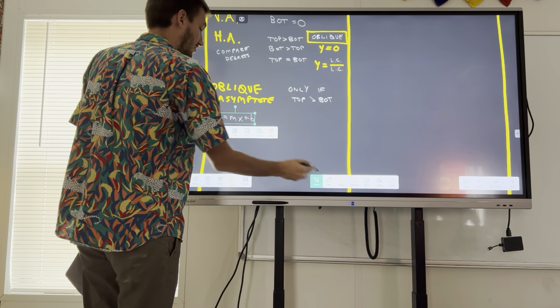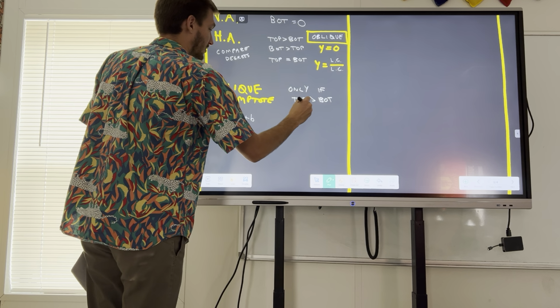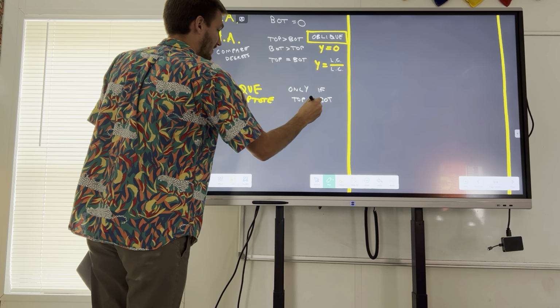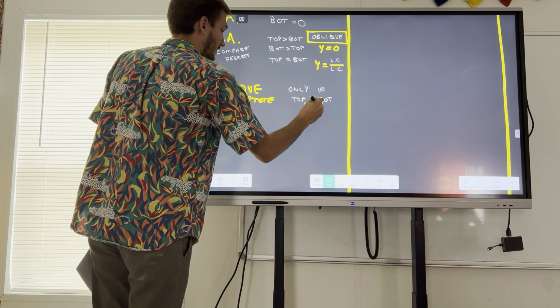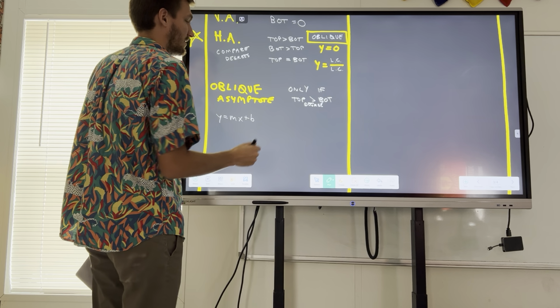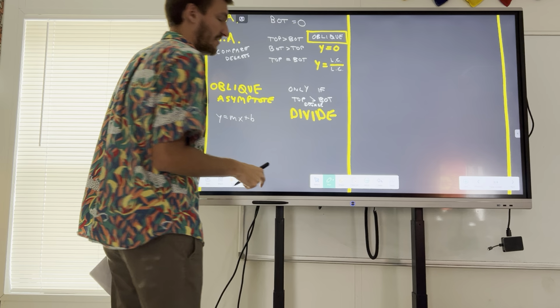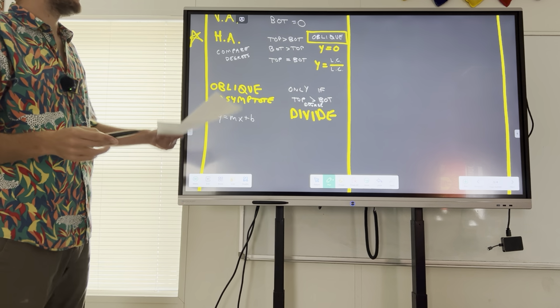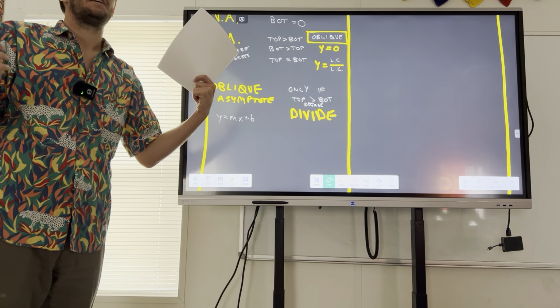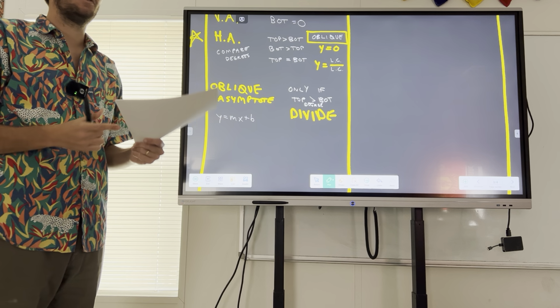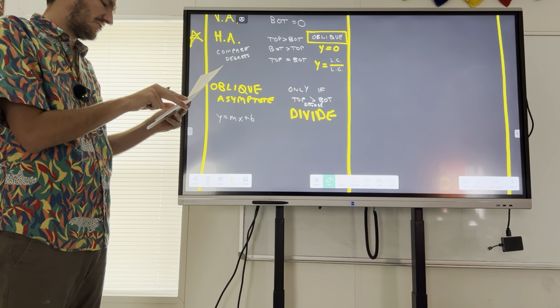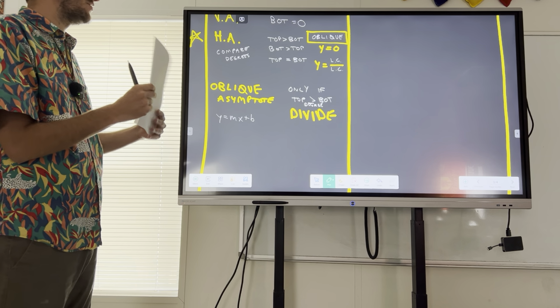If you want to make a note on your paper that I'm talking about the degree. And then you're just going to do division. Now the problem is polynomial division is nobody's favorite thing. And polynomial division is just kind of a convoluted mess.